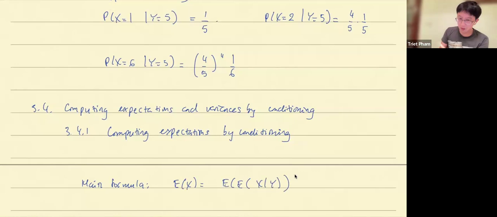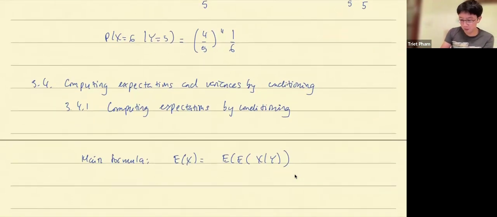It's true for any paired random variables, but we will try to give a proof for the discrete and continuous cases. Because a lot of times you don't have just a pair of discrete or a pair of continuous variables, you might have a mix.